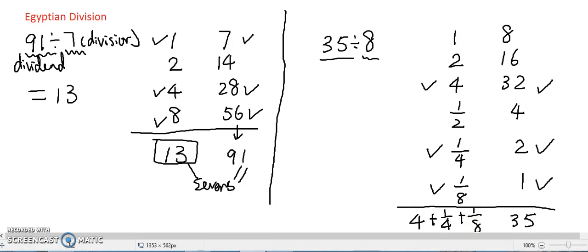So this is our final answer, which tells us this is the quotient, equal to 4 plus 1/4 plus 1/8. So this many 8s will give us 35. And from this method, you can see that not only were Egyptians able to do multiplication by doubling, but also to find the fraction of a certain integer.